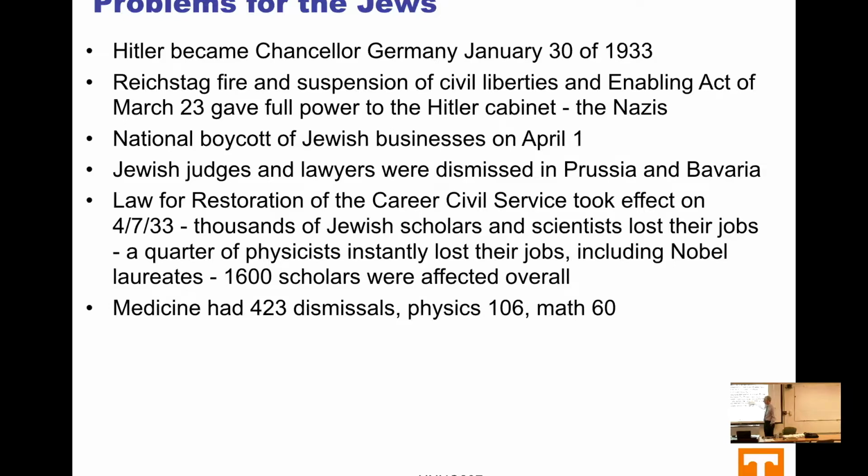After that, 1,600 scholars were affected. Over 400 professors lost their jobs instantly. And so these great scientists like Einstein were no longer comfortable. Einstein had already left Germany, but many others had to leave Germany after this.